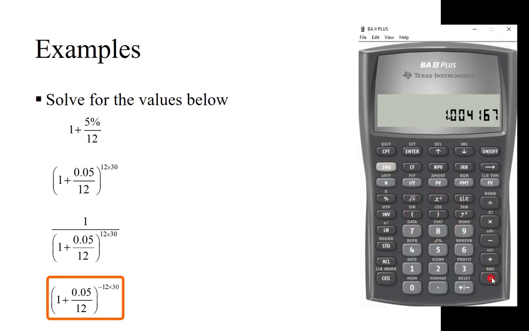And we're going to raise that to this quantity. And what we're going to use is 12, and we'll use this plus or minus button to make that a negative, times 30. And we'll know that that's negative 360, and then we'll find that we get that same value.